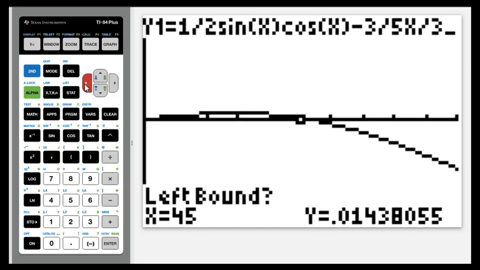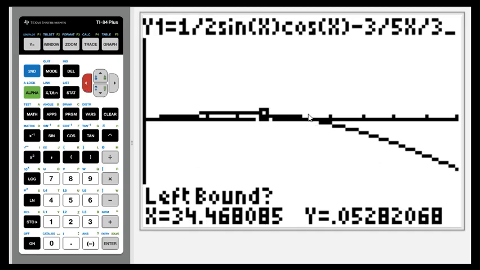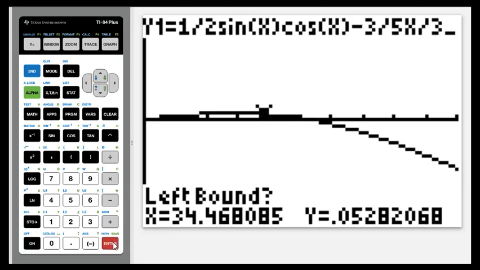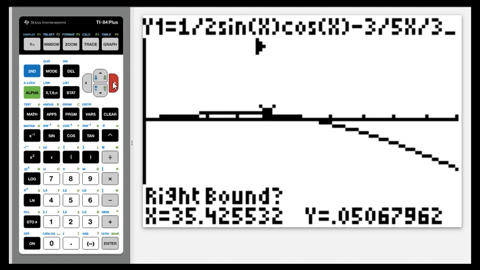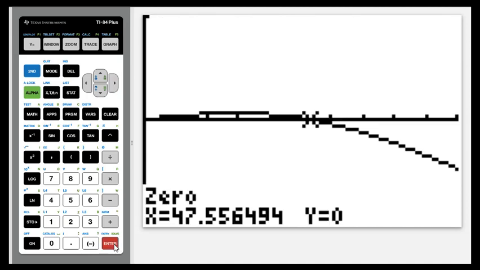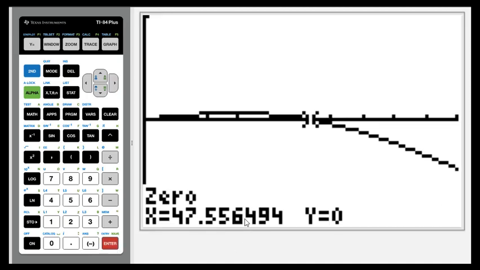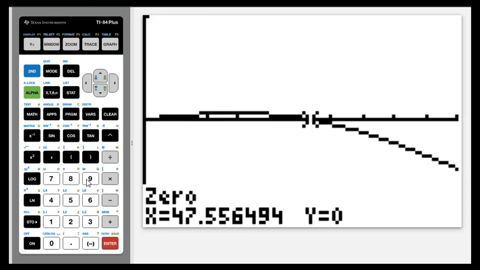That's 0. So I move to the left of this intersection. I do enter. Then do the right bound. I will do over here. So enter, then enter. You will get the same answer. So it's really up to you how to figure out the solution by graphing calculator, either by graph or by math solver.